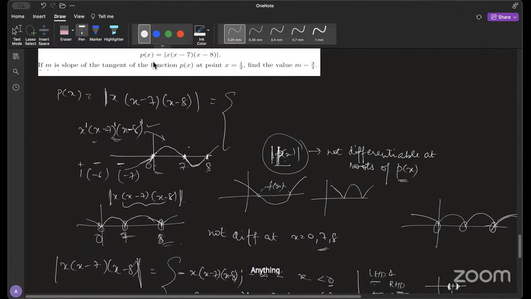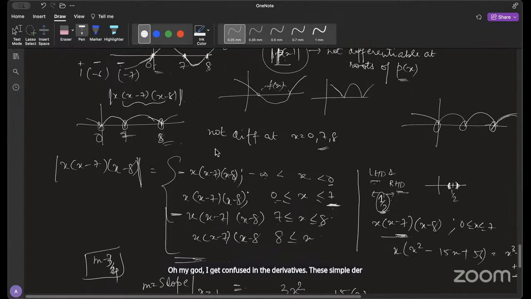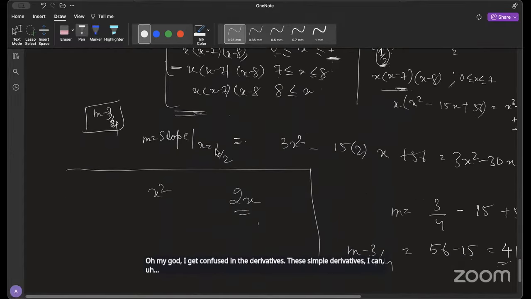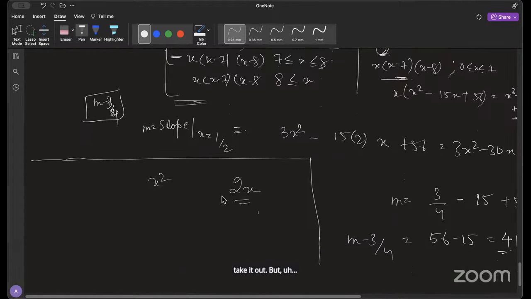Anything else that anyone wants to ask? I get confused in the derivatives. These simple derivatives I can take out easily, but the derivative thing is still not clear to me very well. The simple ones like these powers and all, I can take out, but the complex ones create problems.